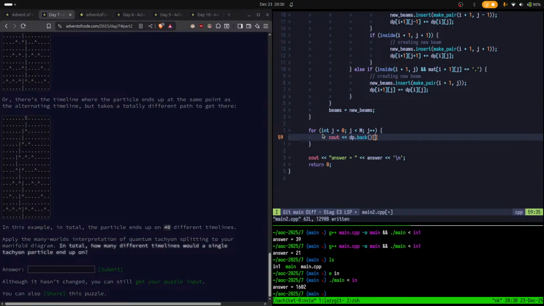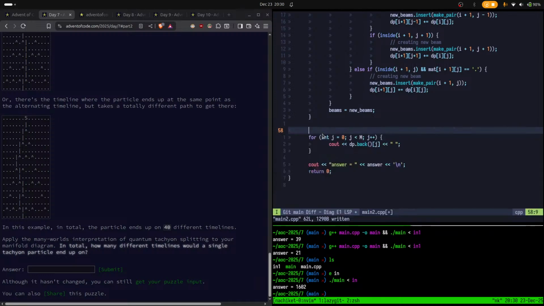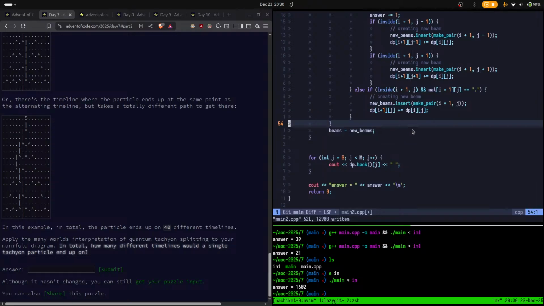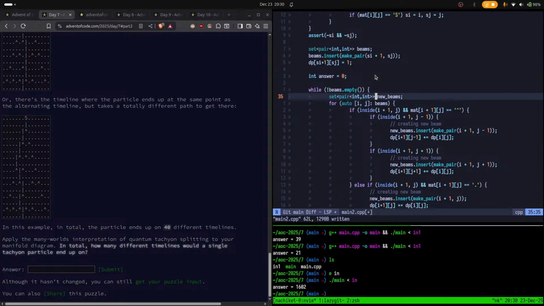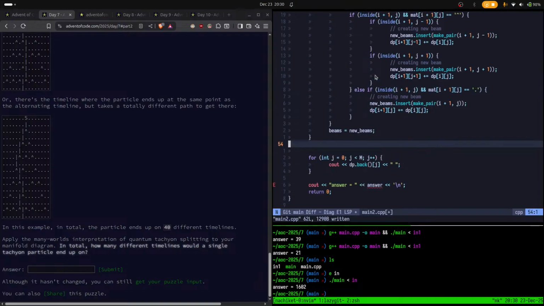I also need to sum this, and the variable is not required here.